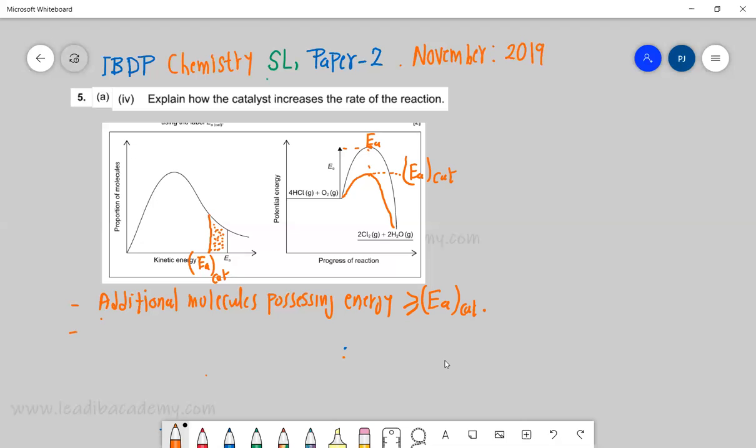So we'll say the second way is alternate reaction path having EA catalyst less than EA, which is original.